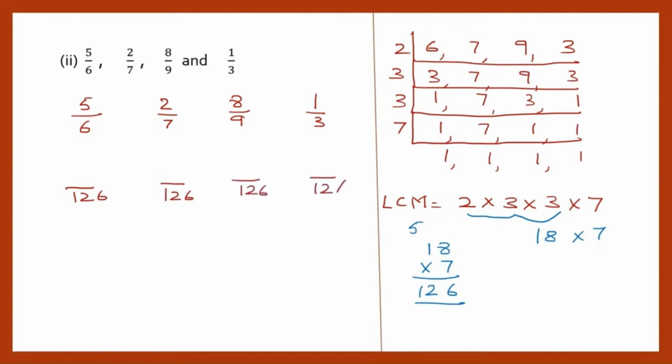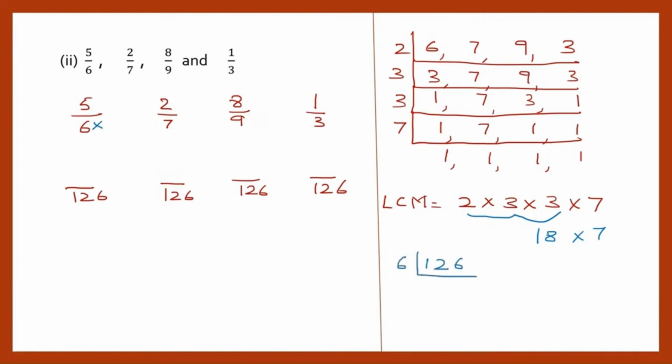Okay. Now we are going to find the new numerators. 6 into what will give me 126? Now that's a big number, isn't it? So let's find out by short division. 6 into what will give me 126?